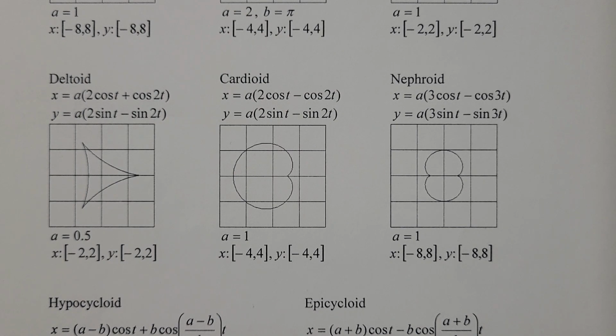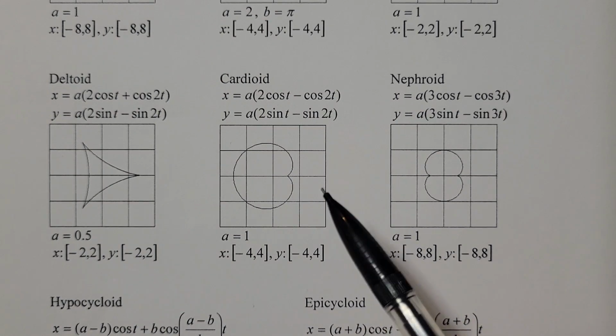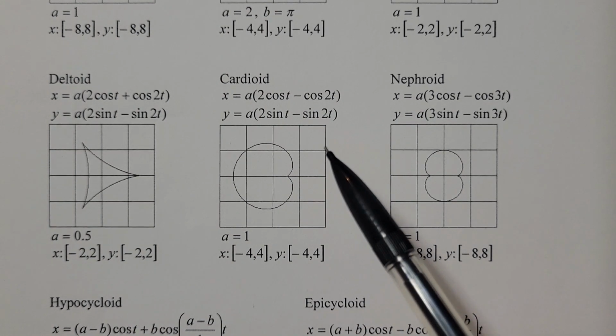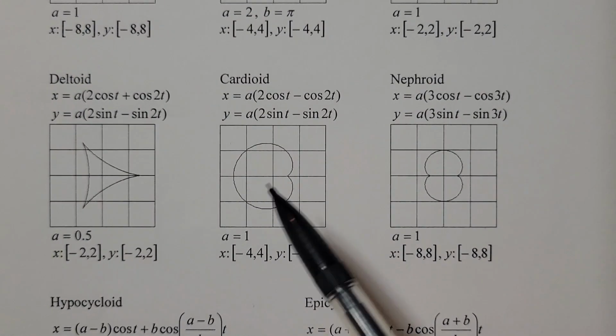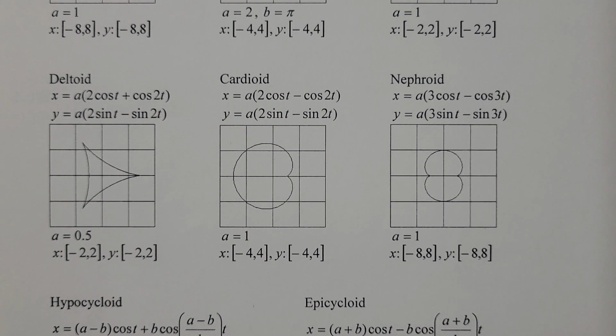Okay, and so let's see, if A equals B. If I have 2 circles that are the same size here, and the one on the right is rolling along the one in the center there, and I'm following a point, then I create a cardioid.